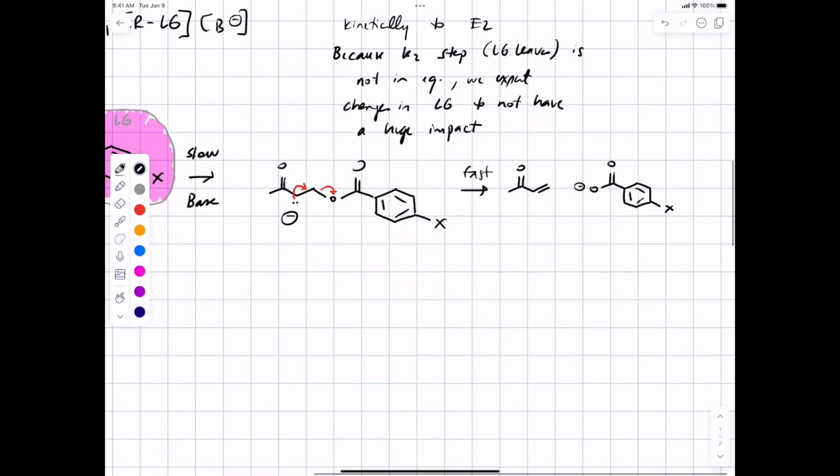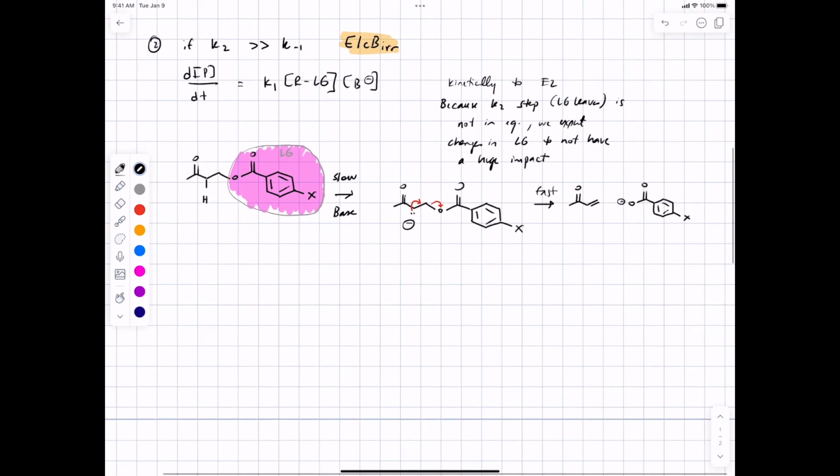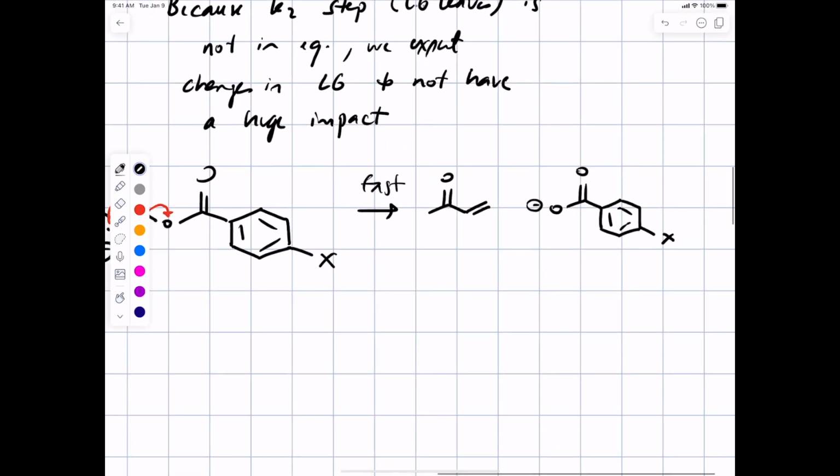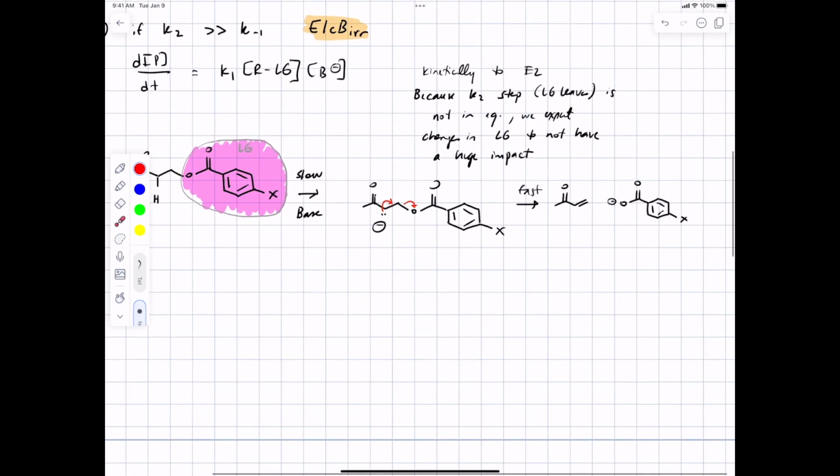Now again, notice that leaving group is the conjugate base of benzoic acid. That's straight from our Hammett analysis. And so you could imagine doing things to make that a better leaving group. For example, putting electron withdrawing groups here would make this more stable. Putting electron donating groups at X would make it less stable.